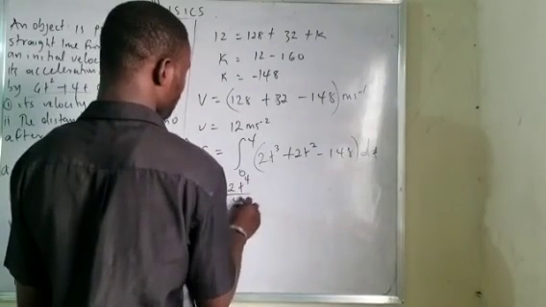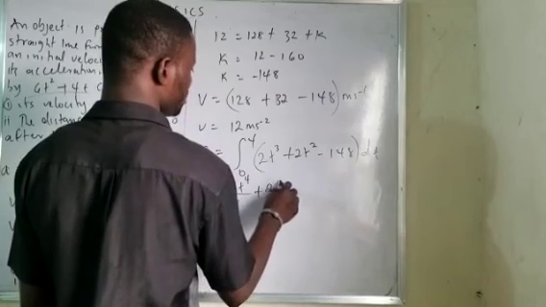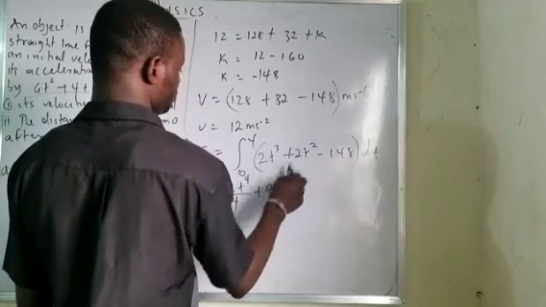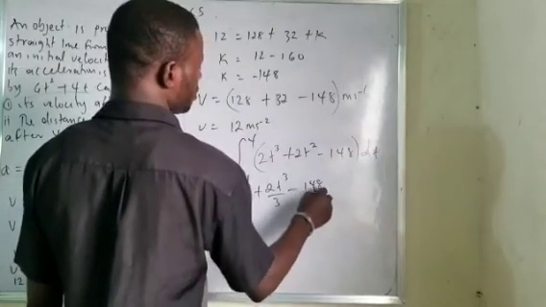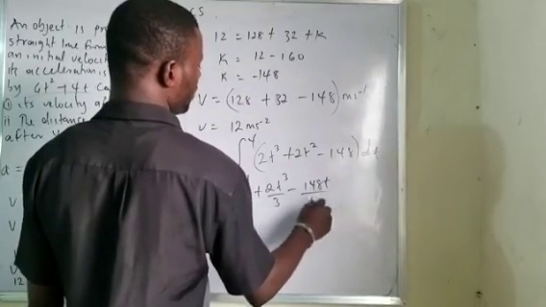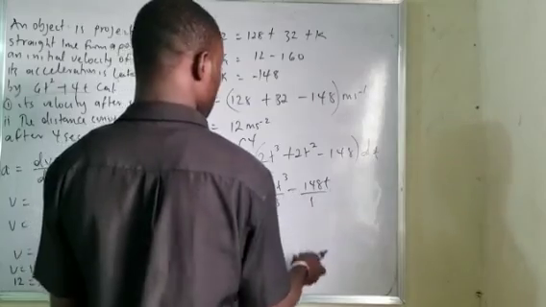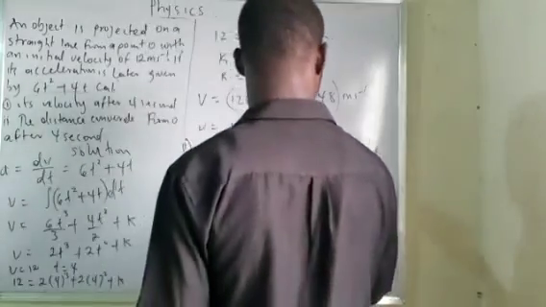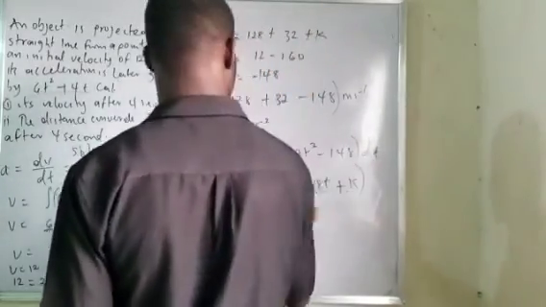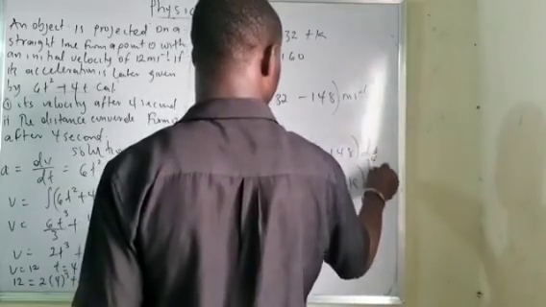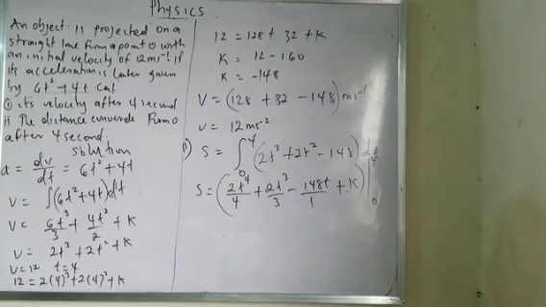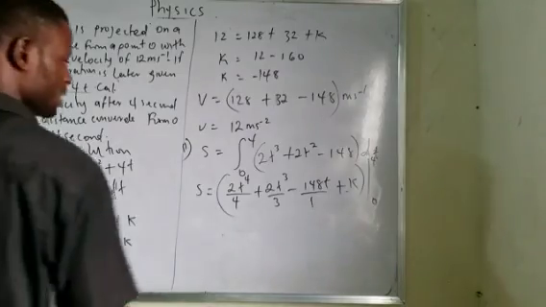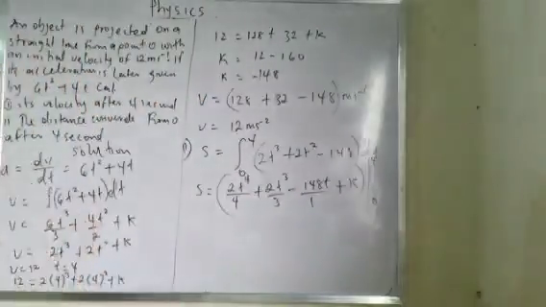I will continue by having 2t to the power 4 divided by 4 plus 2t cubed divided by 3 minus 148t divided by 1, plus k, with limits 4 to 0. Please, you can do the rest by yourself.